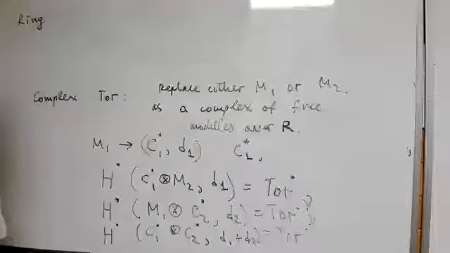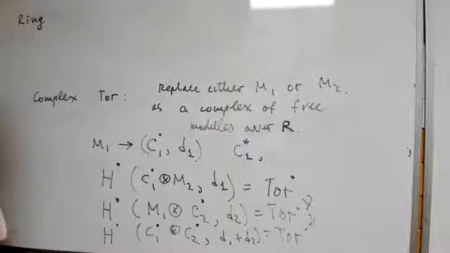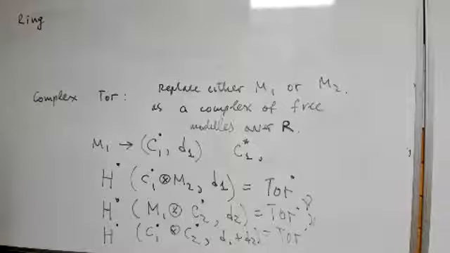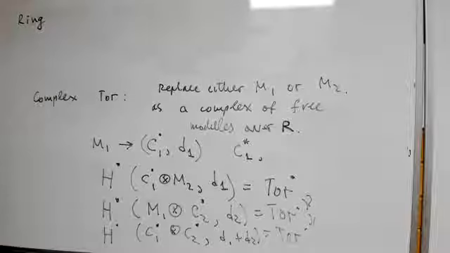Yes, but okay. I think so, but I need to think how to put it. People usually talk about the Tor functor, and that's, I think, when you consider one input as flexible.